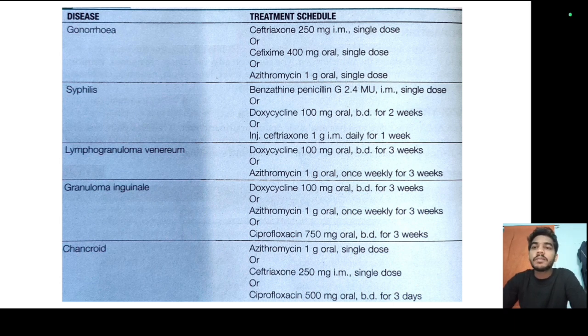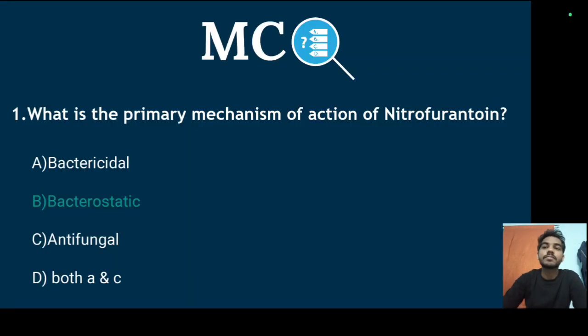In syphilis, benzathine penicillin or doxycycline or injection of ceftriaxone is given. In lymphogranuloma venereum, doxycycline or azithromycin is given. For granuloma inguinale, doxycycline or azithromycin or ciprofloxacin is recommended.